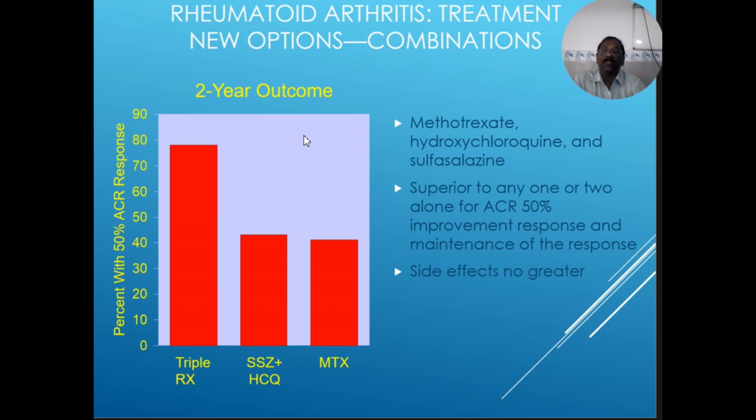But usually in rheumatoid arthritis, we don't prefer much of the sulfasalazine. So our favorite DMARDs in rheumatoid arthritis are methotrexate and leflunomide, and of course hydroxychloroquine, especially in the females, in the pregnant females, etc.